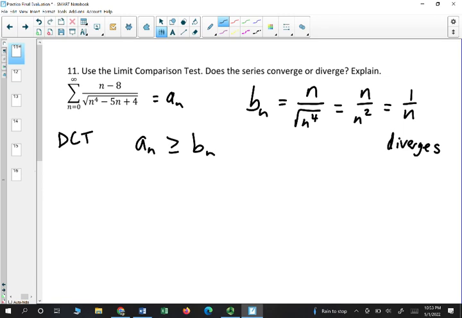To make it a little simpler, let's use a limit comparison test. Okay, we already have what we're comparing to, and our limit would be of an over bn. And the rule is if we get a finite limit, whatever bn is doing, an will also do the same thing.